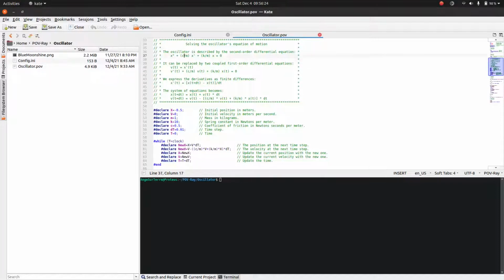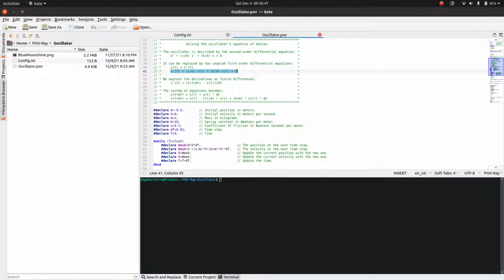And now if I substitute in the original differential equation, if I substitute for x prime the velocity, then x second becomes the first derivative of the velocity. So we end up with this differential equation.